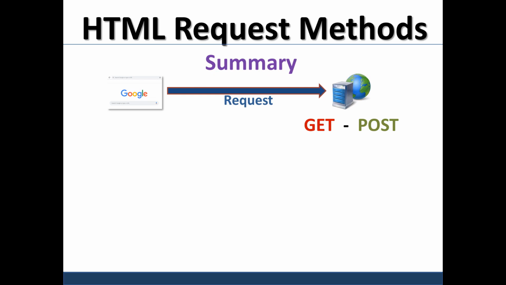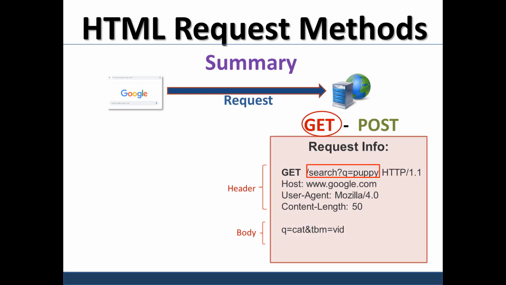When using the get method, the information is sent in the header of the request, and the information can be seen in the browser's address bar. When using the post method, the information is sent in the body of the request, and the information cannot be seen in the browser's address bar.